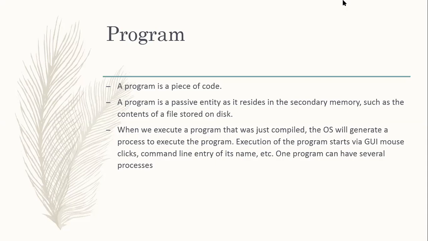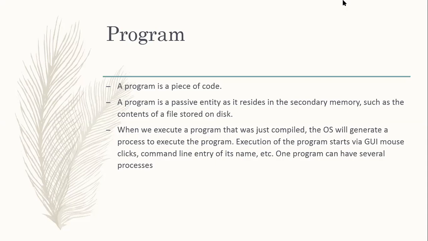So a program is a passive entity, and it resides in the hard disk. Where do you store your programs? You store your programs in the hard disk. So that is our program, which is a piece of code. Once we execute that program, then it provides a certain result.